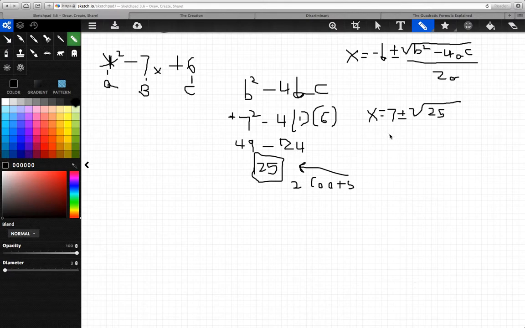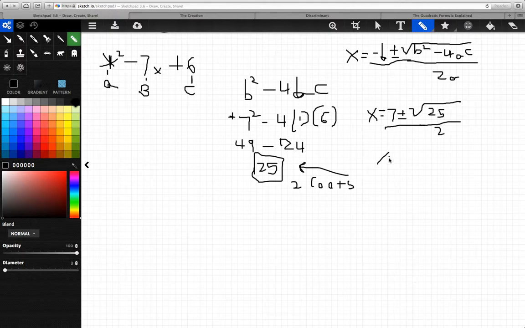See, that's just what we solved for with the discriminant, over 2a. And since a is just 1, I'm just going to write 2. It's all over 2. Alright, so we can just start solving it out here like normally.